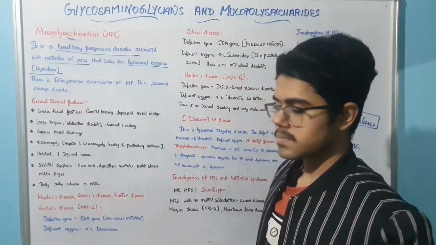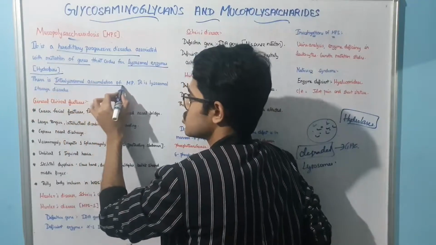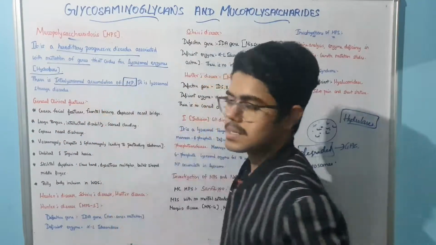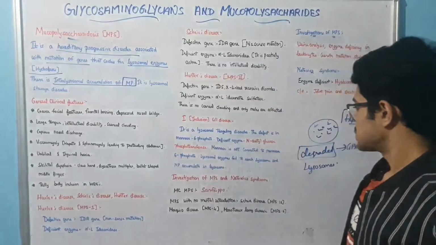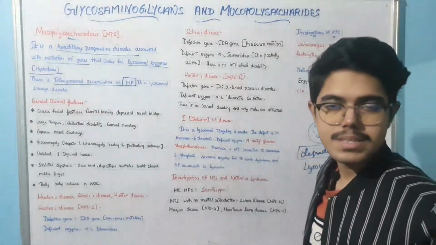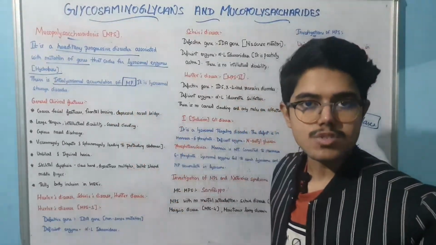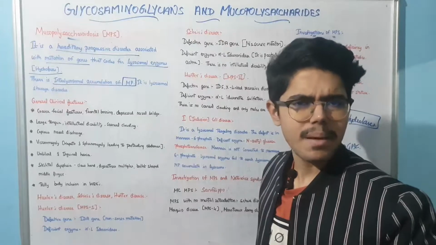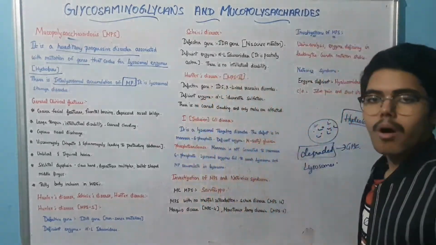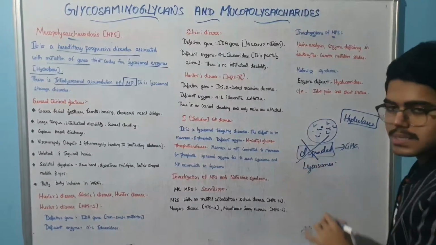Okay, so there is intralysosomal accumulation of mucopolysaccharides, right? When this is not degraded, there will be intralysosomal accumulation of mucopolysaccharides. Am I right? Mucopolysaccharidosis means what? When this degradation is not taking place.